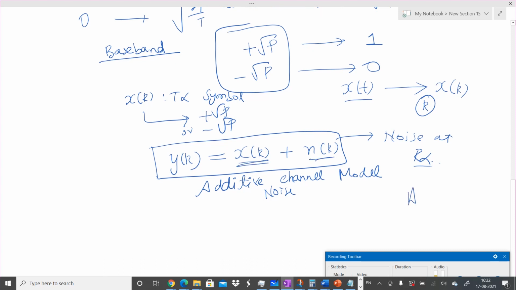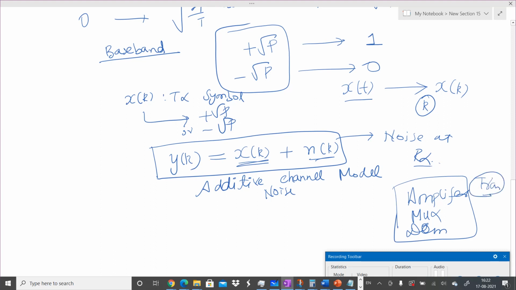In the receiver you will definitely have amplifiers, and you will have multiplexers, demultiplexers, you will have demodulators. All those have a common thing, they have a transistor. Okay, and the transistor at the electronic level becomes a source of noise. So the noise which is getting added up here is at the receiver, it is not in the medium.